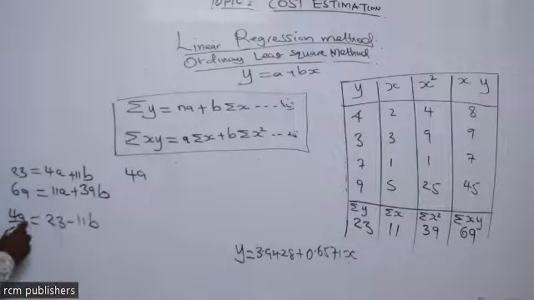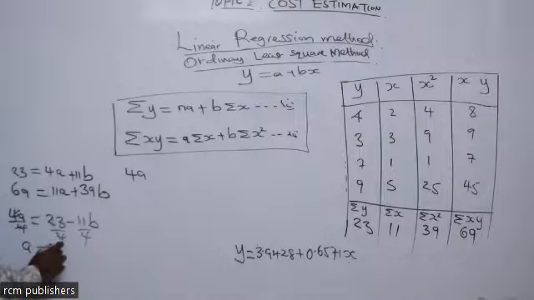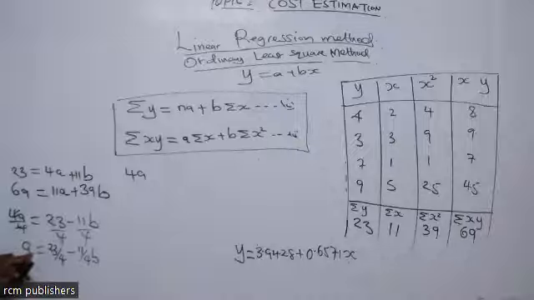So divide by 4, divide by 4, divide by 4. So my A is equal to 23 divided by 4 minus 11 over 4B. Anytime I am going to get anything that has got A, I replace with this entire thing.